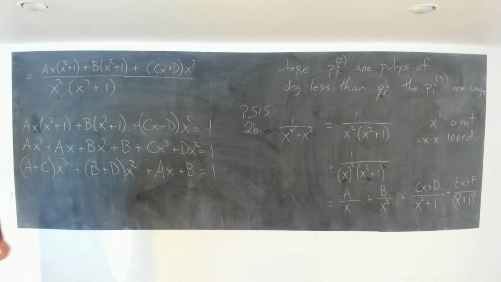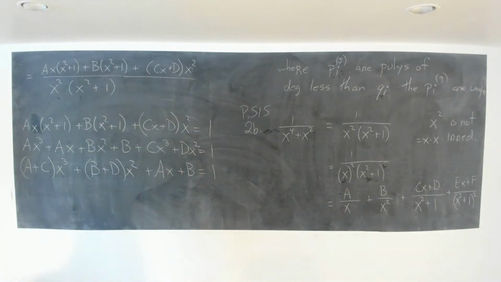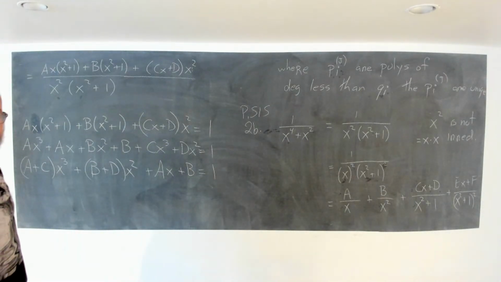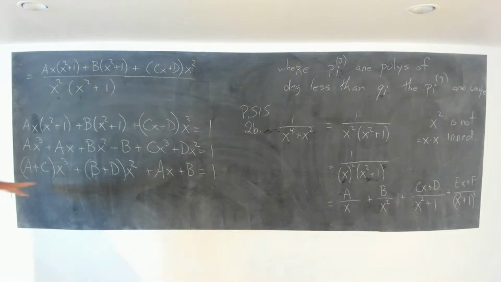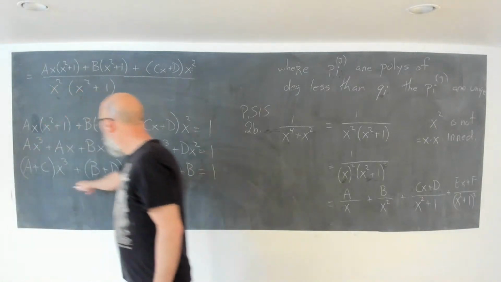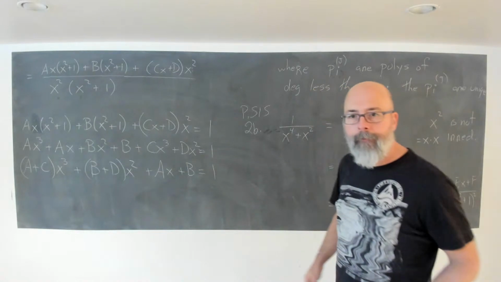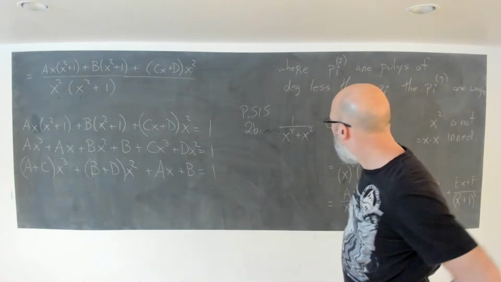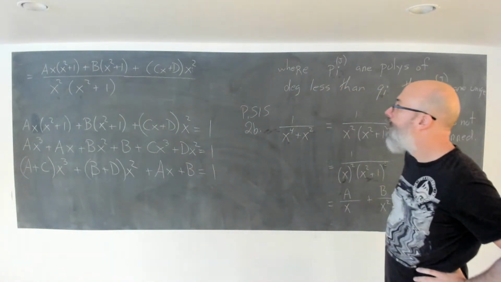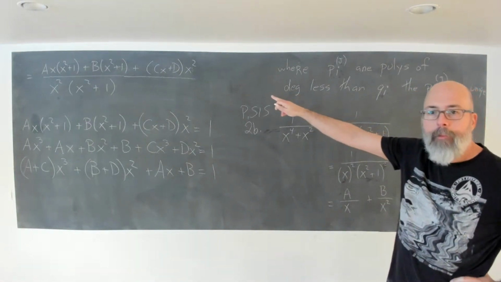Everybody with us here? And now, take a step back, and what are we looking at? On the left-hand side, you have a big polynomial. From here to there, common denominator.